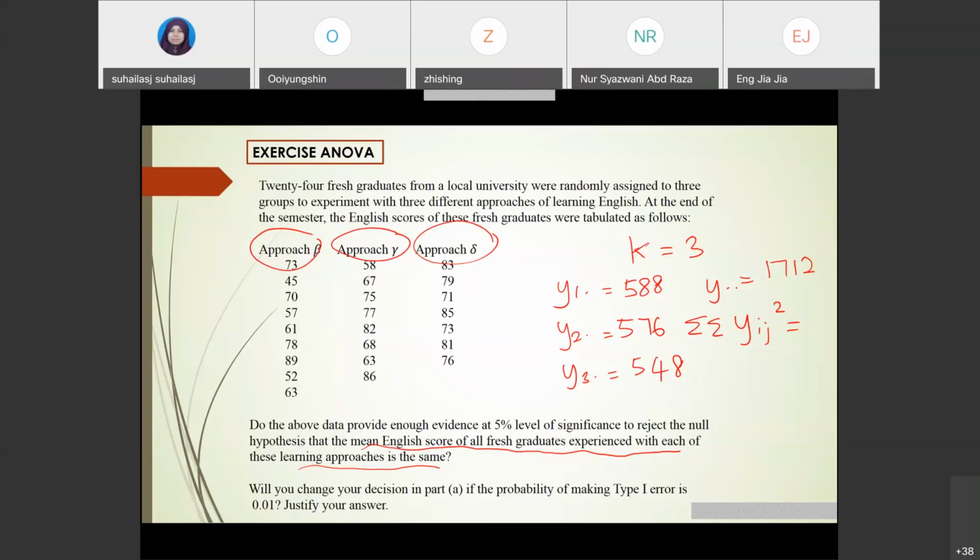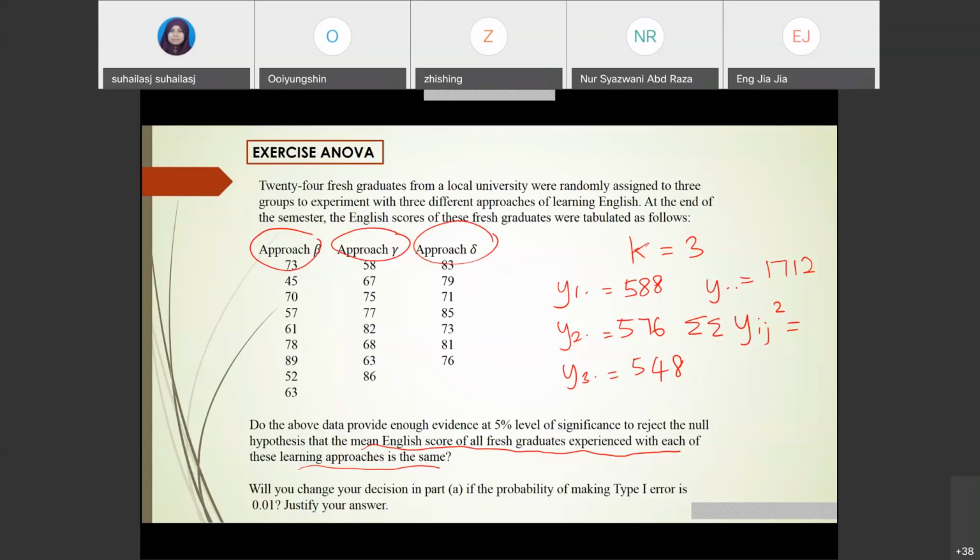Did you get it? If so, write in the chat what the total double summation Yij square is. Hafiz, you can actually enter the data the same way I taught, using mode SD in your calculator.